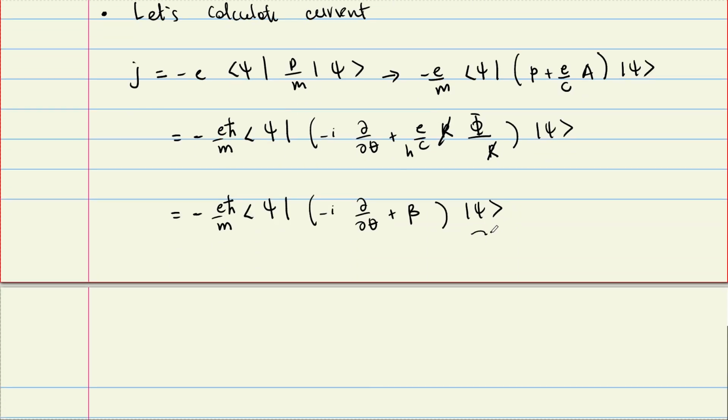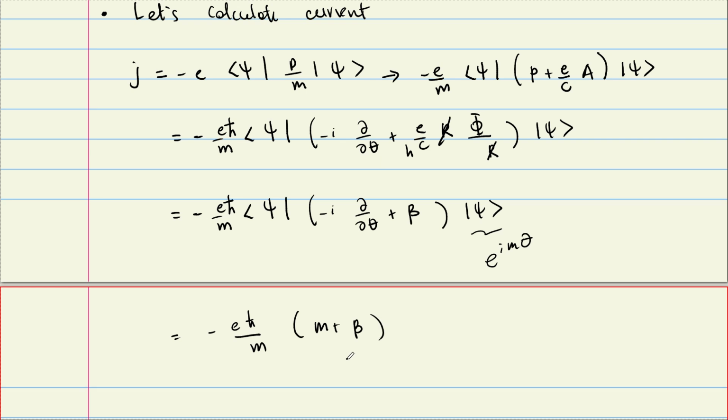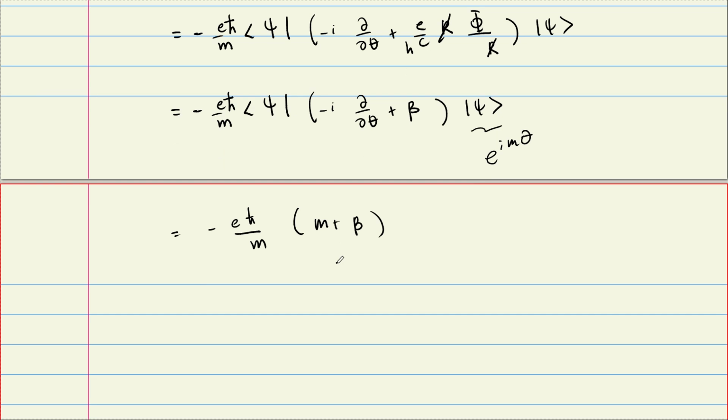And if this thing is acting on eigenfunctions, e to the i m theta, it is going to give us minus e h bar over m, times m plus beta. So then the current is minus del E_m over del beta. I think I found something like this, but 1 over c del E over del phi.